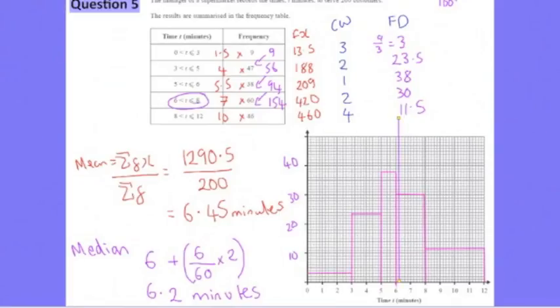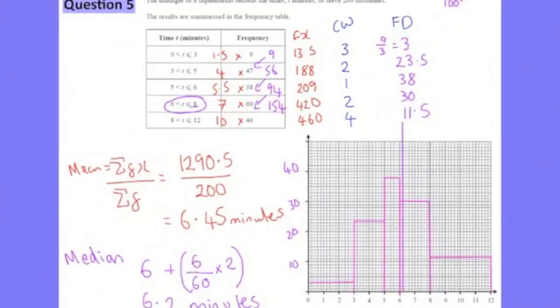We're then told that it's claimed that these times are normally distributed and asked to discuss whether this claim is true or false. Is this normally distributed? A distribution that's normally distributed must be symmetrical. The mean must equal the median.